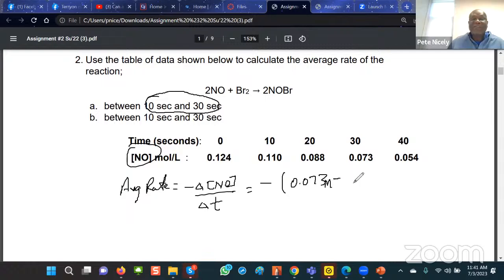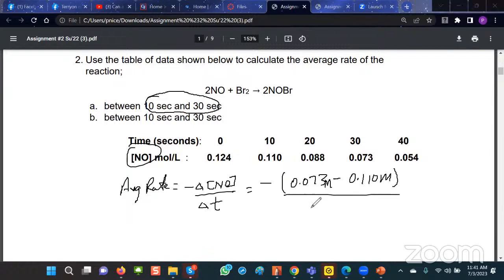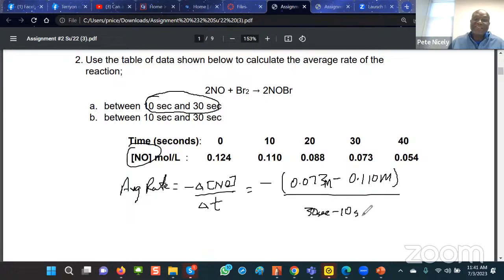So this will be 0.110 M divided by what? 30 seconds minus 10 seconds, exactly. So when I did that calculation, and again, please check behind me to make sure I'm doing it right, this is what I got: 2 times 10 to the minus 3 M over seconds.